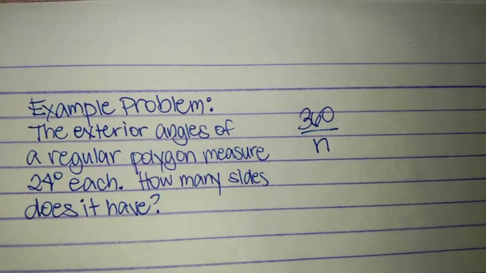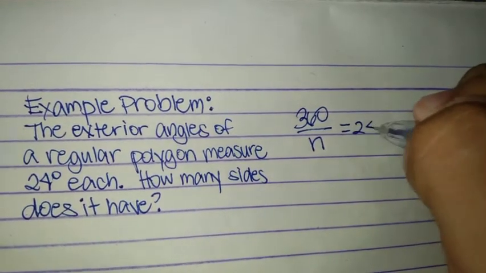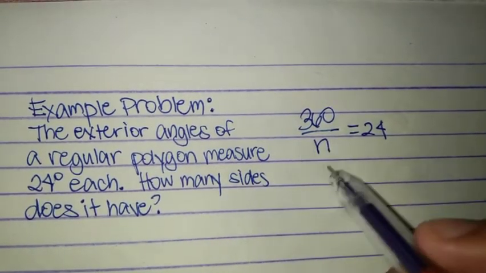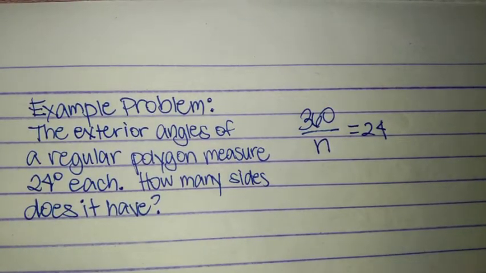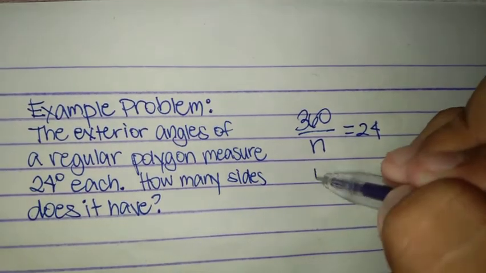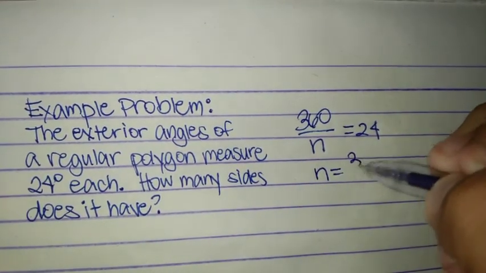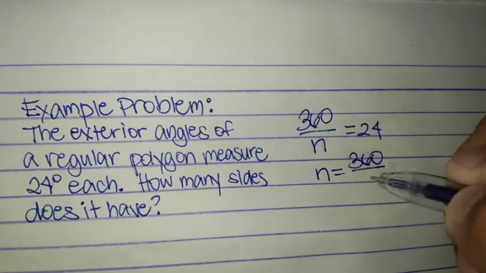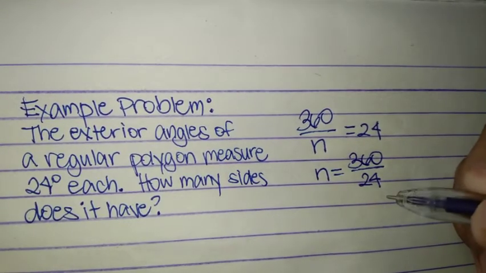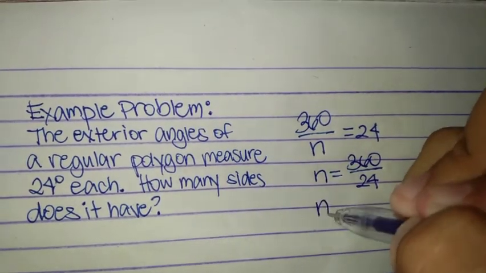We just equate this formula to 24 so we can solve for n, which is the number of sides. We have n equals 360 over 24. Or simply, n equals 15.